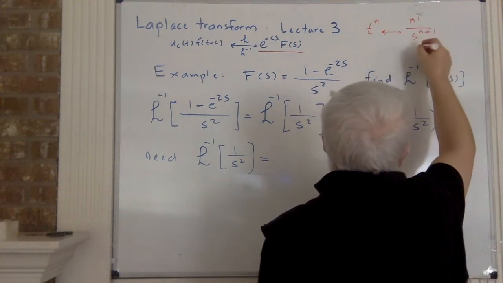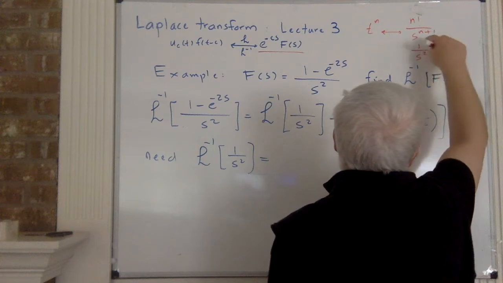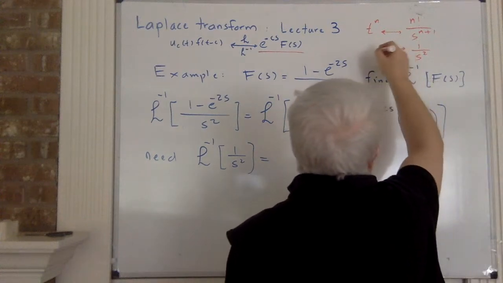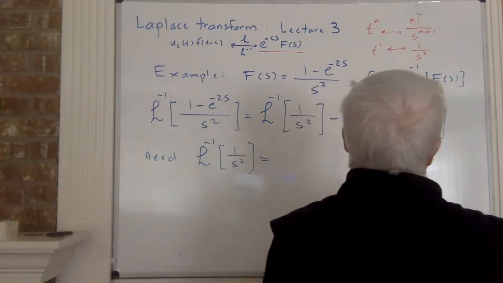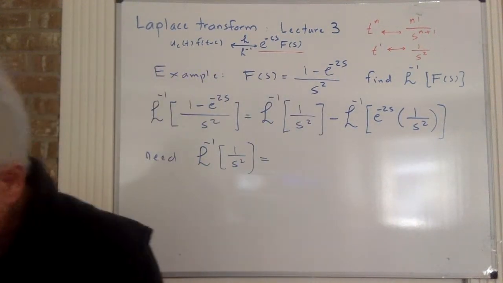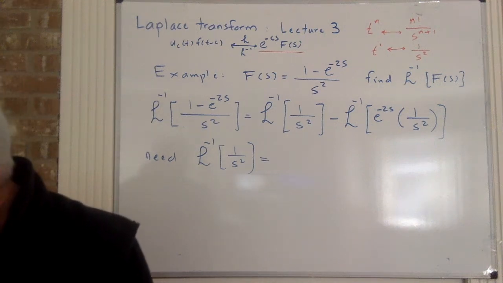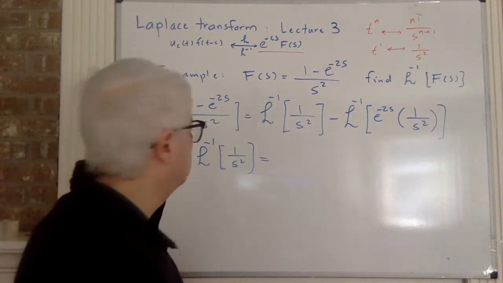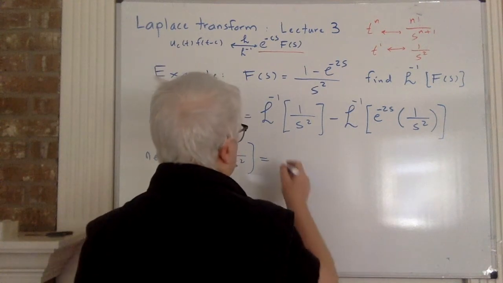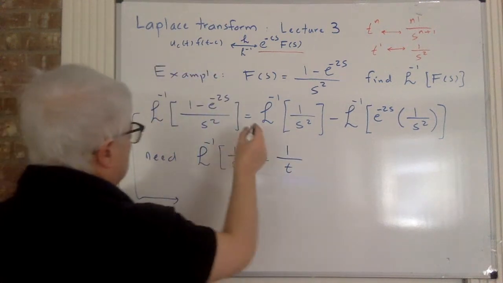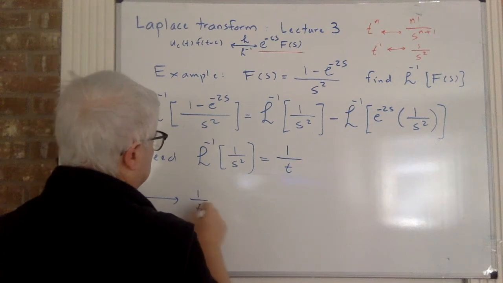So if I have 1 over s squared, then n is 1, right? So that is in fact t. So back to this. L inverse of this thing is t.